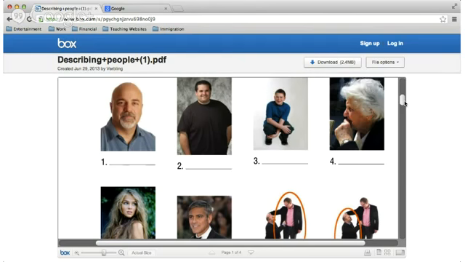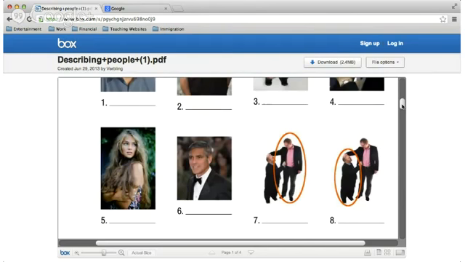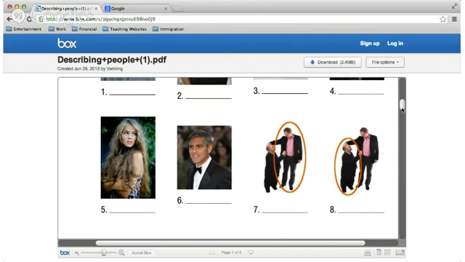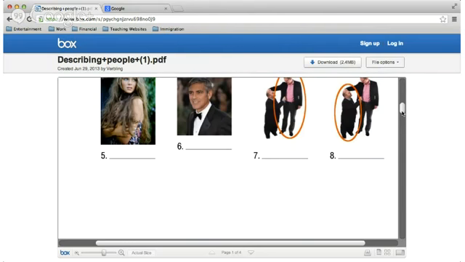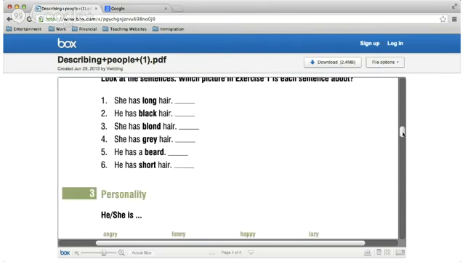They all pretty much have short hair. He has no hair. He's bald, but most of the guys here have short hair. So that'd be a short-haired man. If a woman has short hair as well, we would use the same word, short hair.